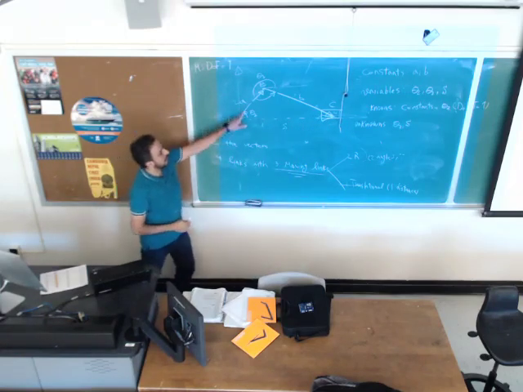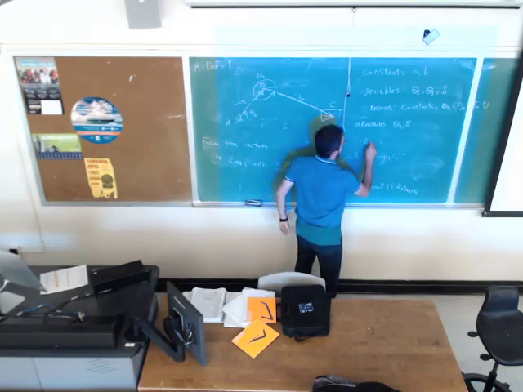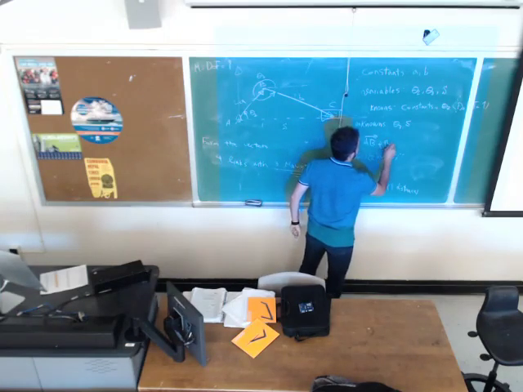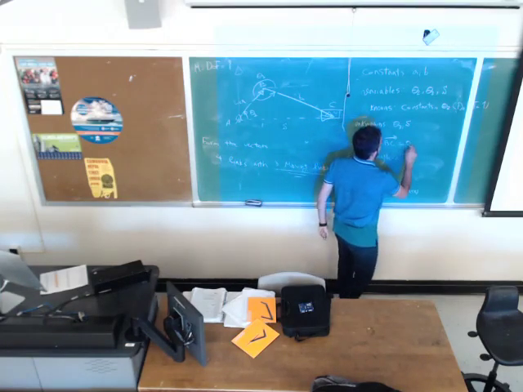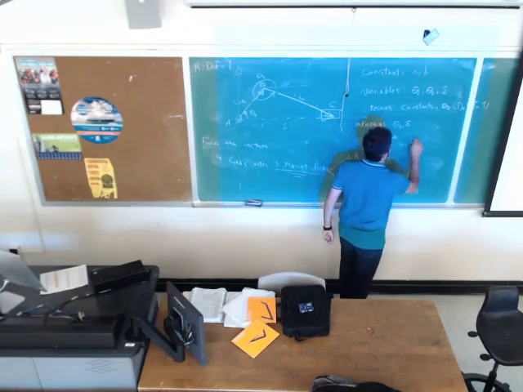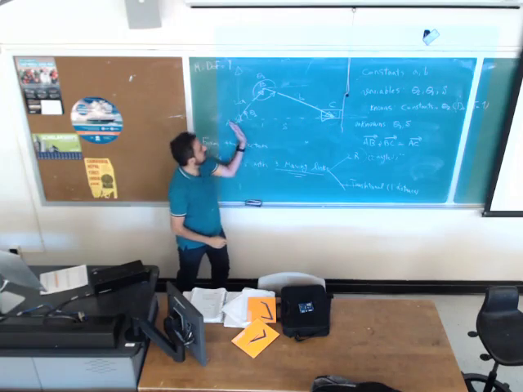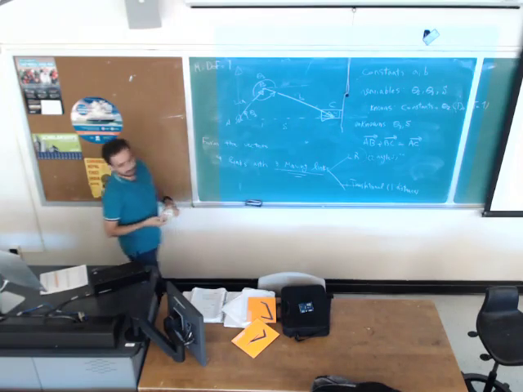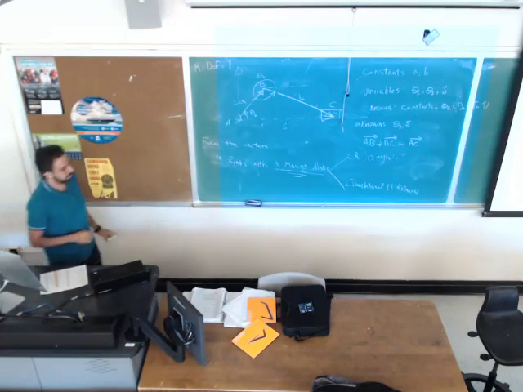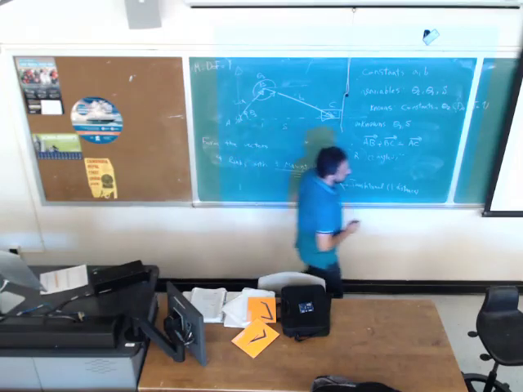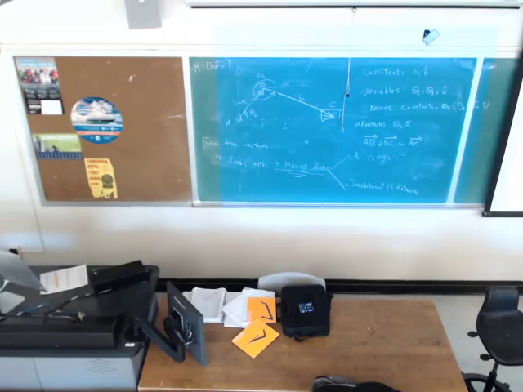Vector AB plus vector BC equals vector AC. This vector plus this vector equals this vector. Good? Good. Alright. I'm doing it step by step.